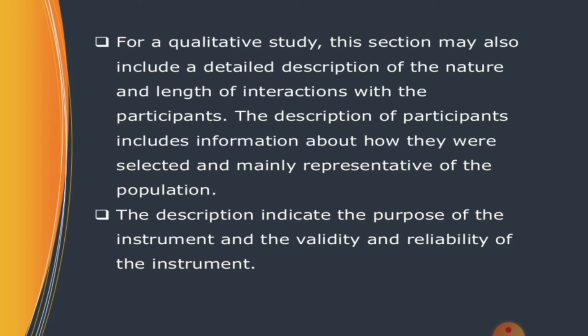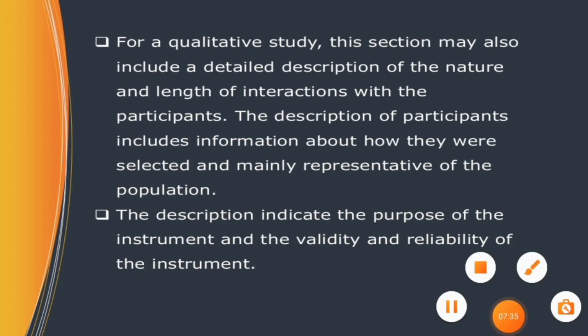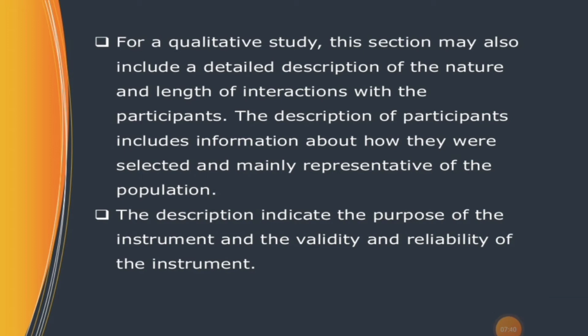For a qualitative study, this section may also include a detailed description of the nature and length of interactions with the participants. The description of the participants includes information about how they were selected and whether they are representative of the population. The description indicates the purpose of the instrument and the validity and reliability of the instruments.